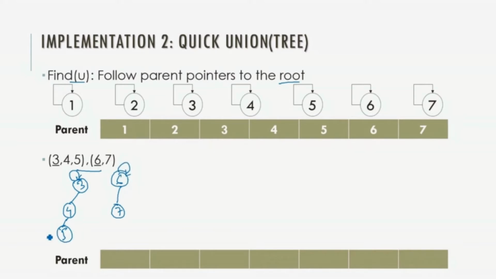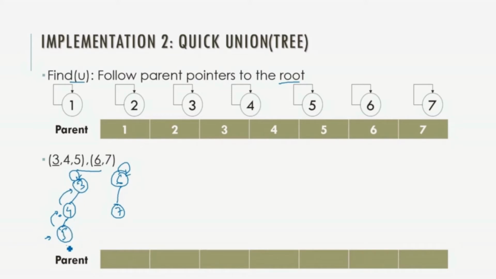If we need to find the representative of 5, we go to the parent and check if it is the root. Since 4 is not the root, we go to its parent, and we see that 3 is the root, so it will be the representative of 5.